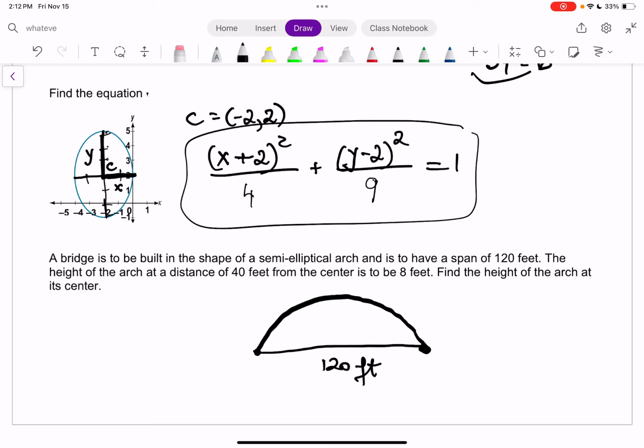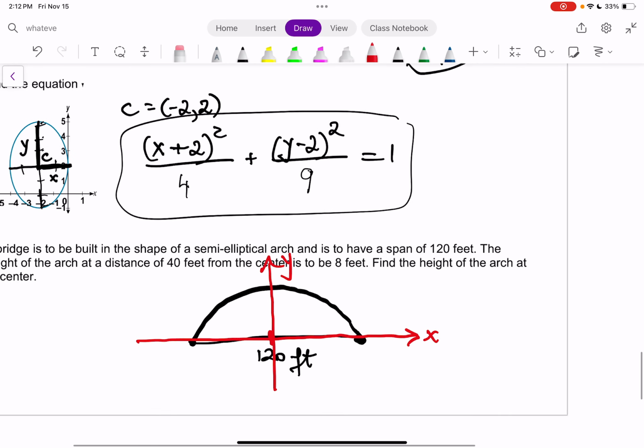So let's identify where the center is. The center is going to be halfway. And the best way to solve this problem is to place an XY plane, and the easiest thing to do is again to place the center in the origin of the XY plane.